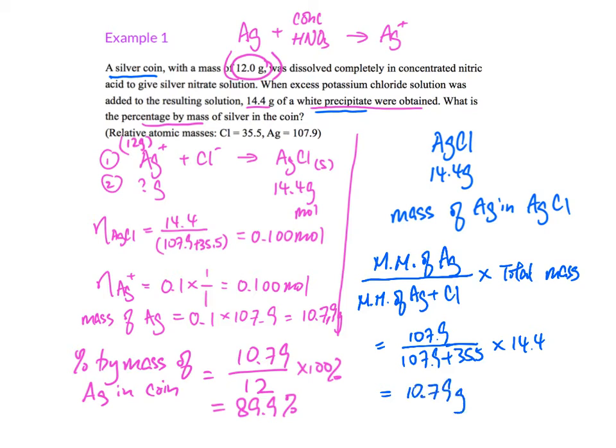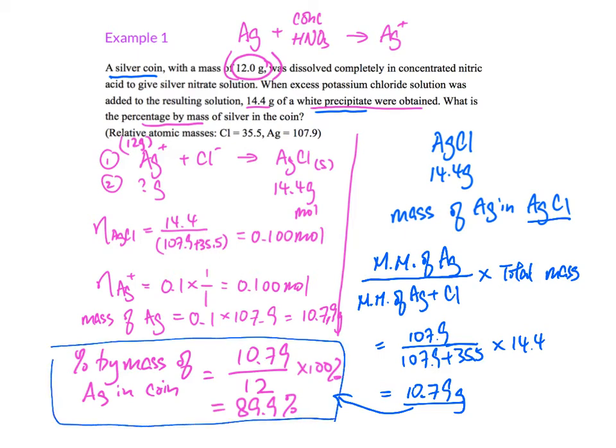So 10.79 gram is coming from the silver chloride, and we use this to do the second part of the calculation. We have the mass of the silver over the mass of the silver coin, which is 12 gram, and then times 100%. We can also find the percentage by mass of silver in the coin. Both method 1 and method 2 are okay. See which one you feel comfortable to do.